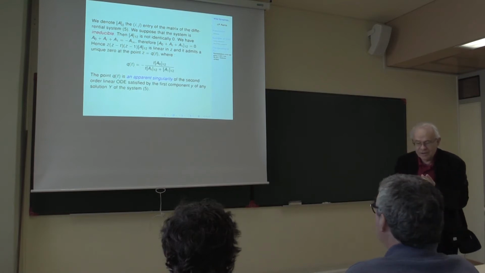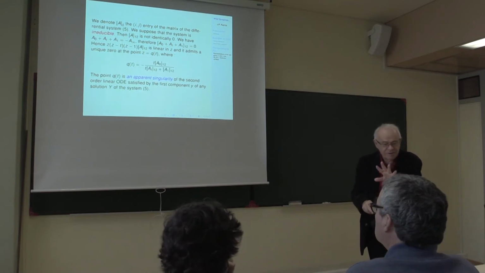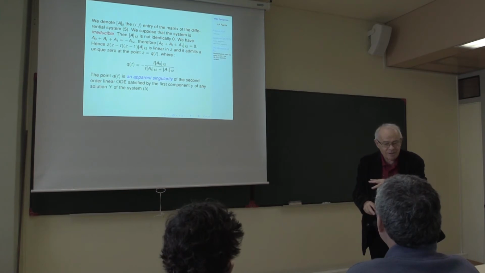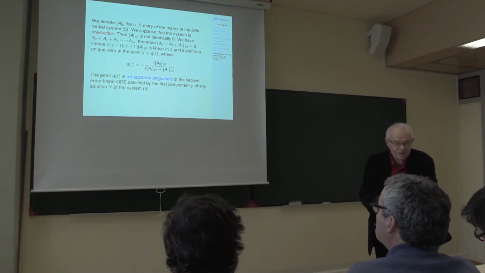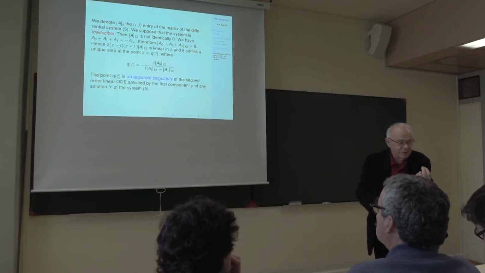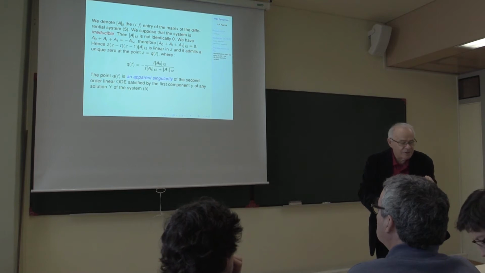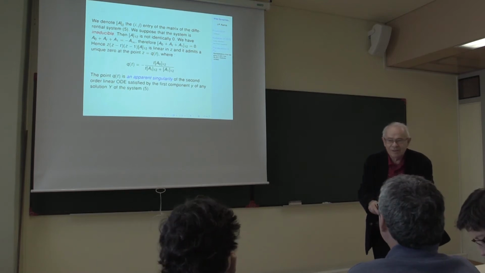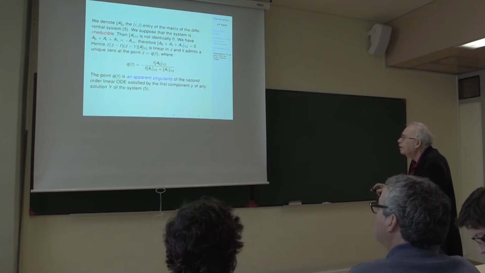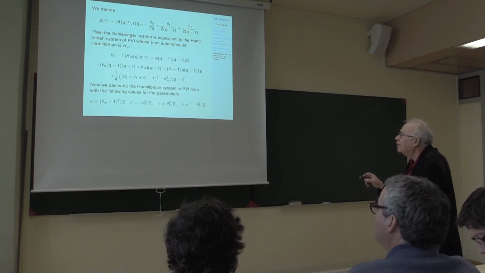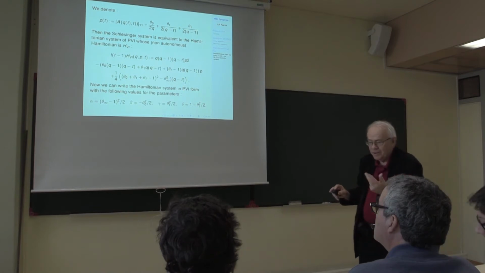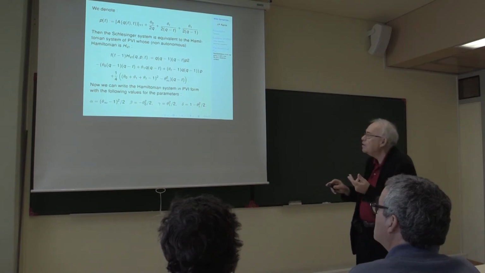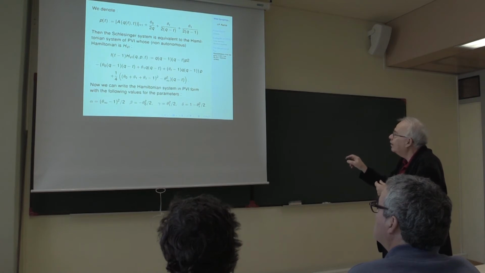So, in fact, it will give you an equivalence between a system and an ordinary differential equation, but then you have to add an apparent singularity. And in fact, the function appearing in the Painlevé equation is the position of the apparent singularity.